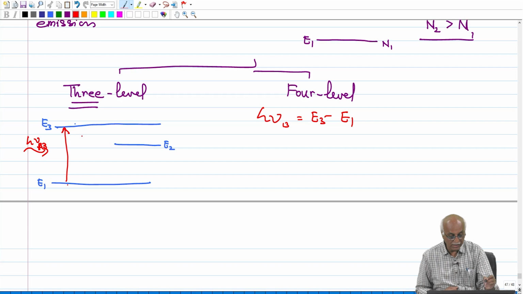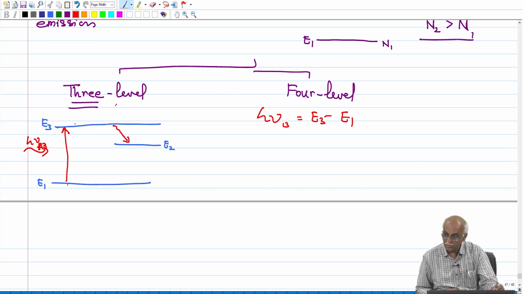Now, the condition for this 3 level system to allow population inversion is that the lifetime of the excited atom should be such that it decays very fast to E2, while the lifetime for decay from E3 to E1 should be comparatively slow. So, over here the decay comes into the picture.